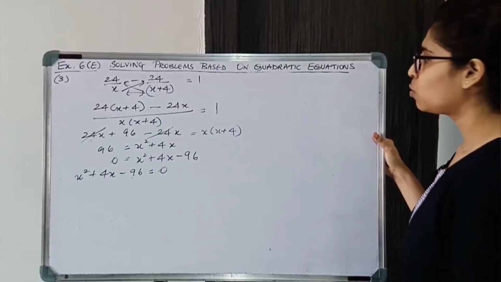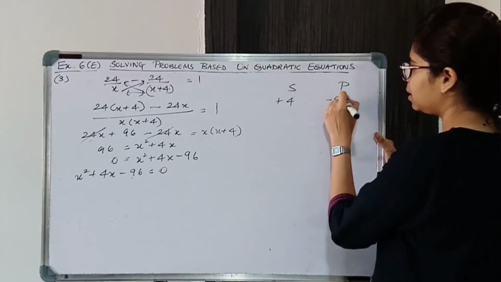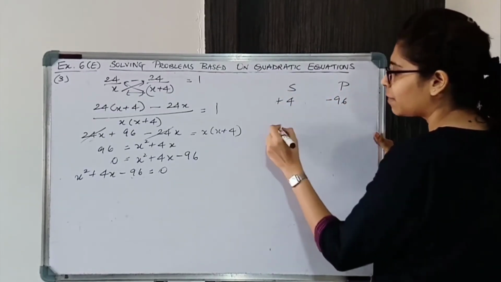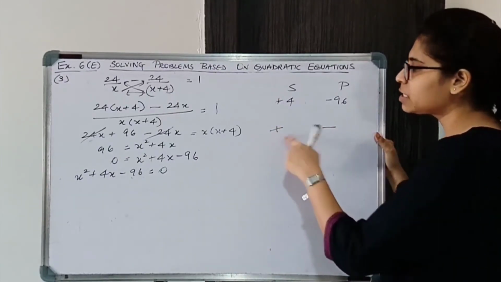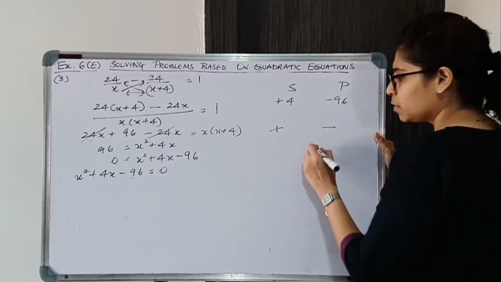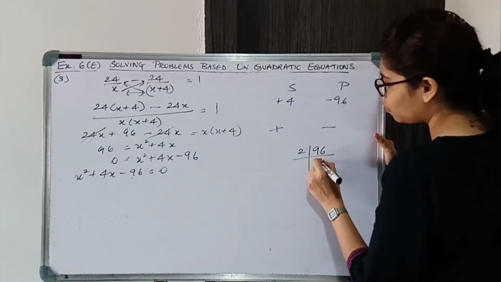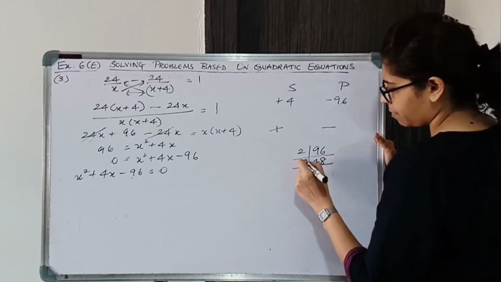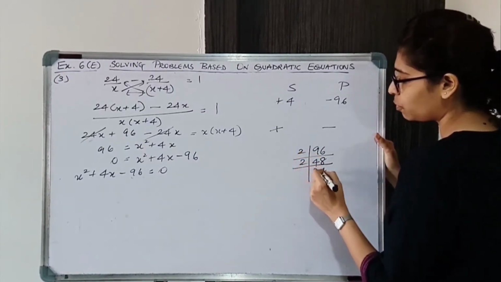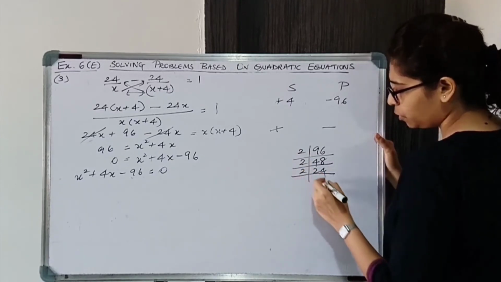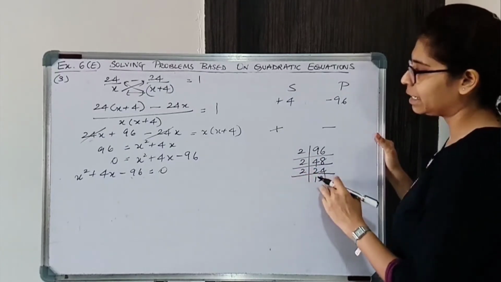So sum and product: sum is plus 4, product is minus 96. Product is negative, it means one factor is positive and one is negative. Sum is positive, which means the greater one is positive. The difference we should get is 4. So 96 will factorize: 2 48s, 2 2s are 4 and 24, difference will not give 4. 2 12s... 2 2s are 4, 4 2s are 8, 8 and 12.